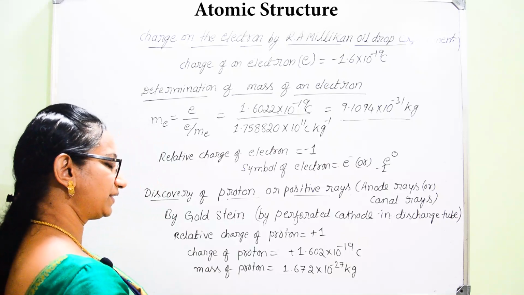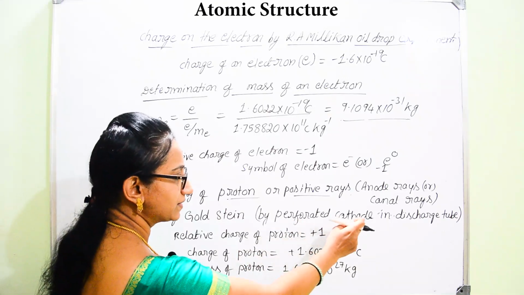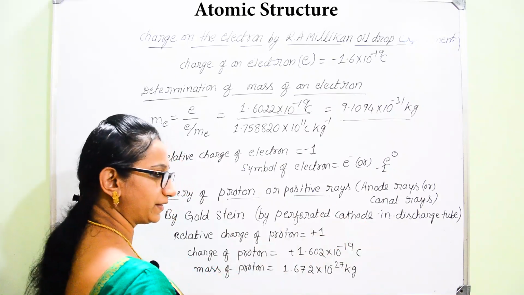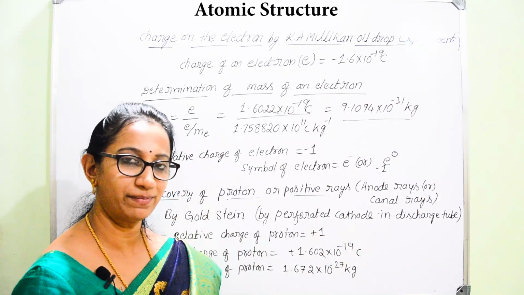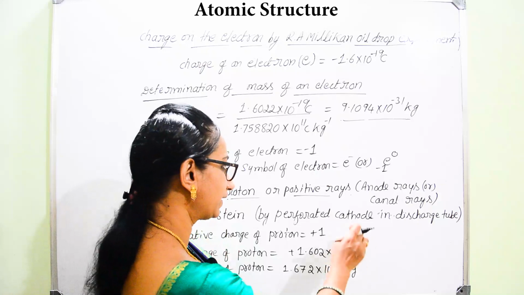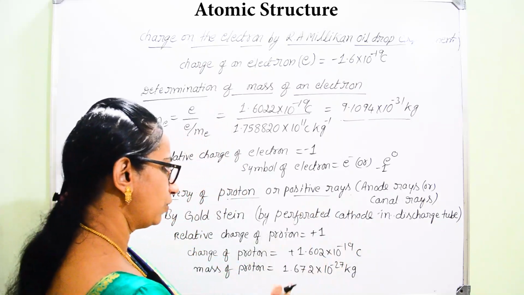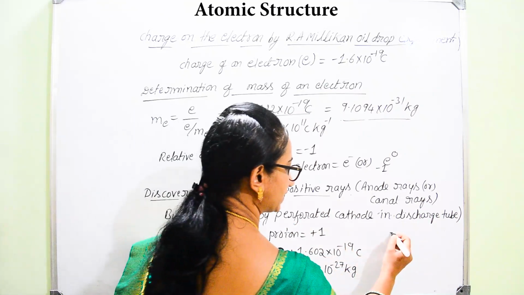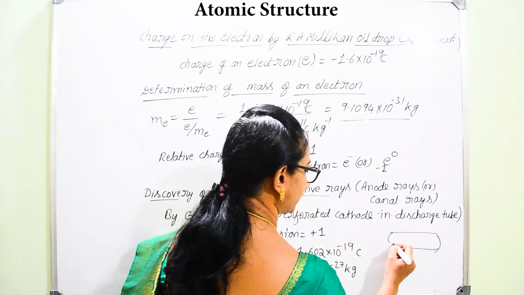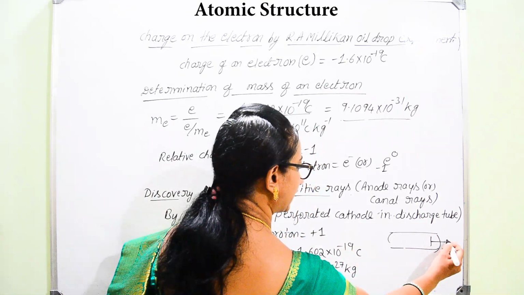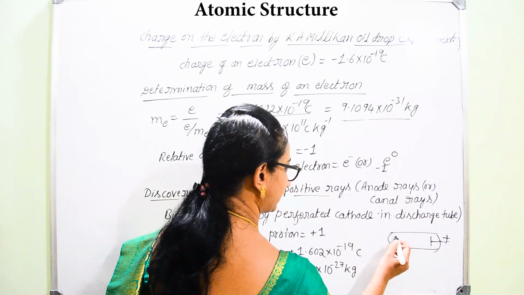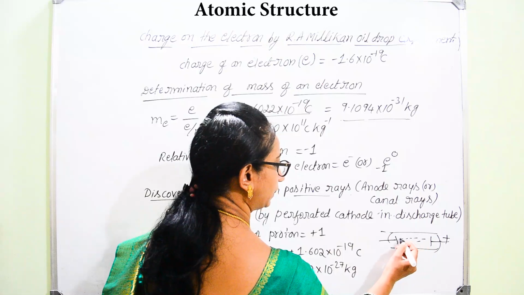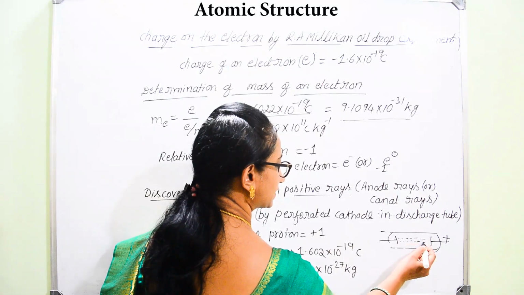But here, the change he made is, in the same cathode ray discharge tube, he made the cathode perforated. He took perforated, meaning pores present in the cathode plate, so that the rays emitted from the anode side in the discharge tube experiment, let us consider this is positive and this is the negative end, the rays emitted from anode are able to pass and reach this cathode.